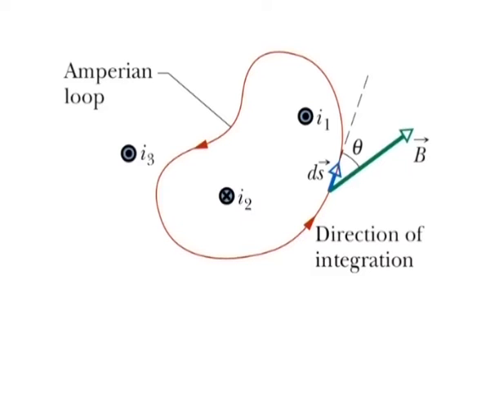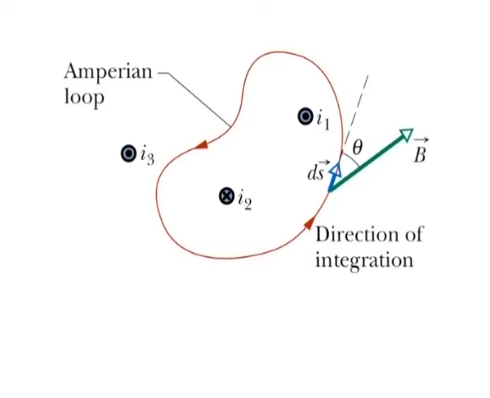Application of Ampere's law. Let us first apply Ampere's law to the general situation as shown in this figure. The figure shows cross sections of three long straight wires that carry currents I1, I2 and I3 either directly into or directly out of the page.